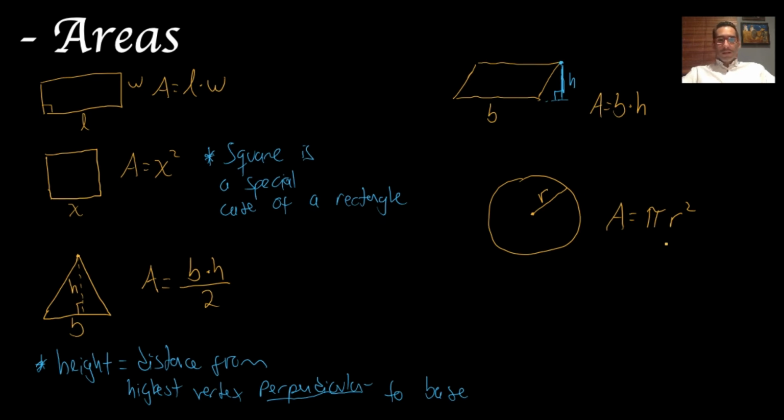These are the basic figures I need you to know the area of by heart. Even for the SAT, where they have all these equations on the very first page, if you know them by heart you may save some time, instead of constantly going back to the first page, and you can move quickly.